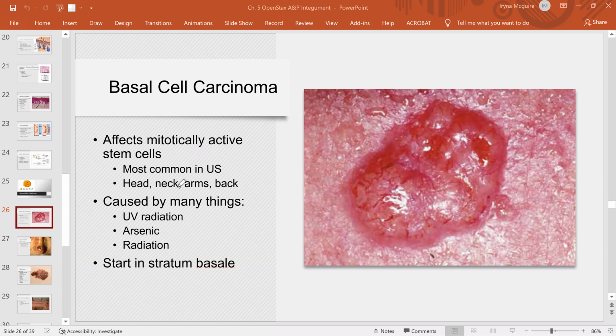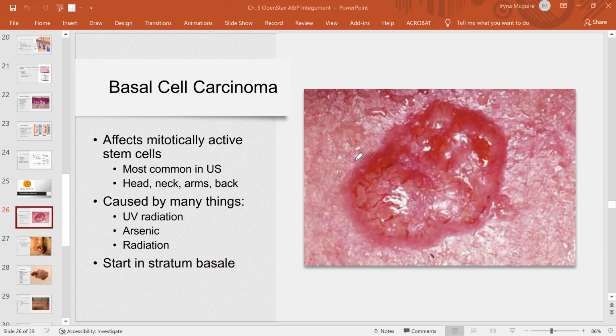It usually affects the head, neck, arms, and back, pretty much where you have more exposure to the sun. It's caused by many things, including UV radiation, arsenic, and some other types of radiation. It starts in stratum basale.